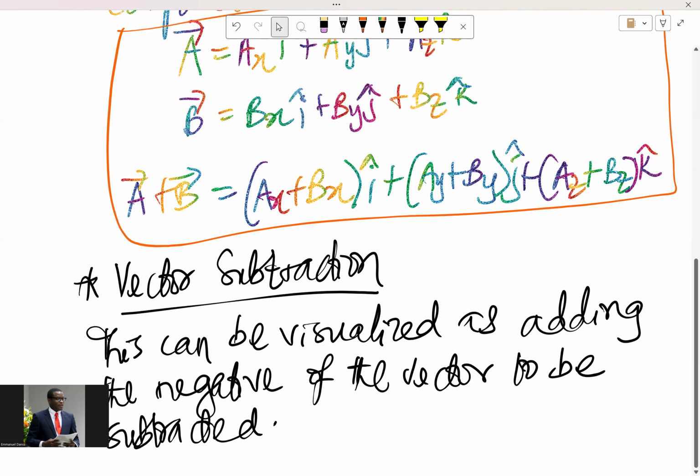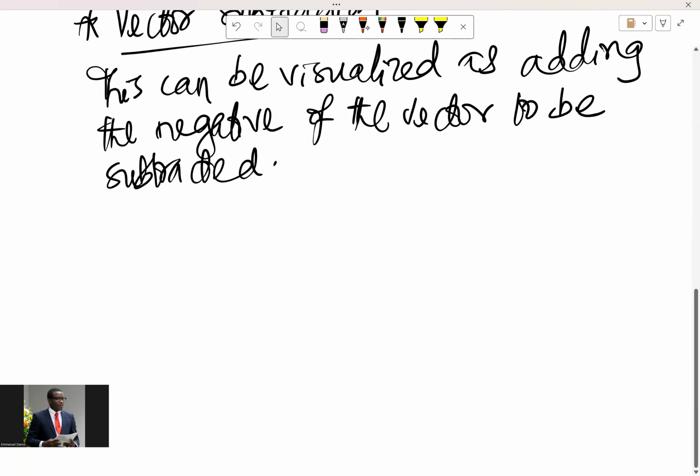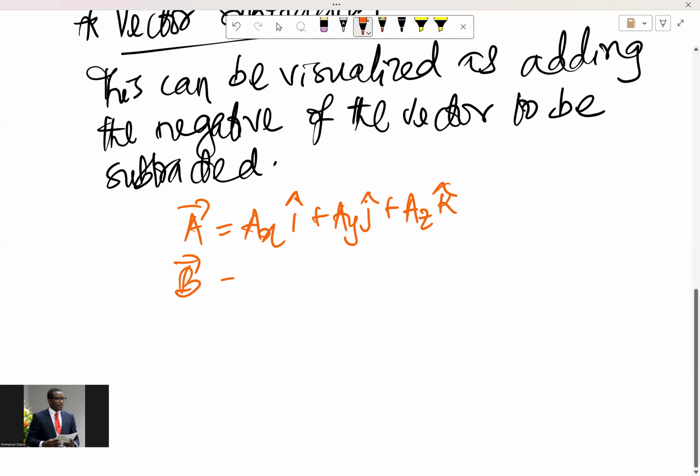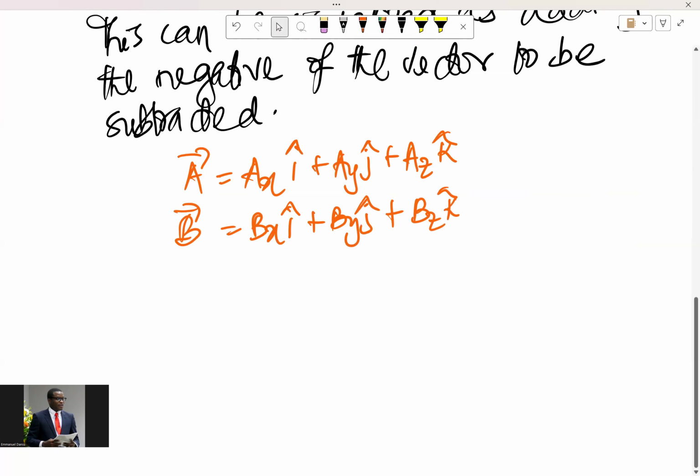So it means that if we have vector A, which is AX i plus AY j plus AZ k, and we have vector B to be BX i plus BY j plus BZ k, then A minus B will simply be component by component subtraction.